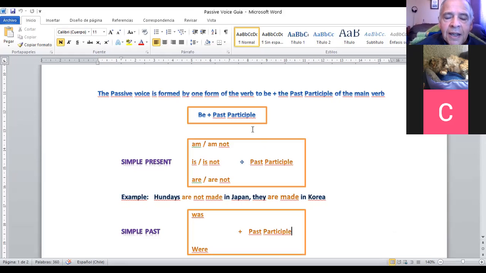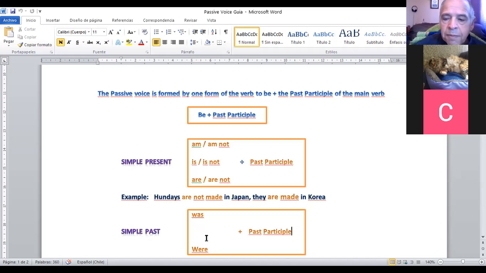Okay. So yesterday I showed you this page in which we learned when to use the passive voice and also the structure of the passive voice. I told you that at the beginning, the root, la raíz, is one form of be plus the past participle. And then, depending on the grammatical tense, you change the verb to be. For example, if it is simple present, am, is, are plus past participle.